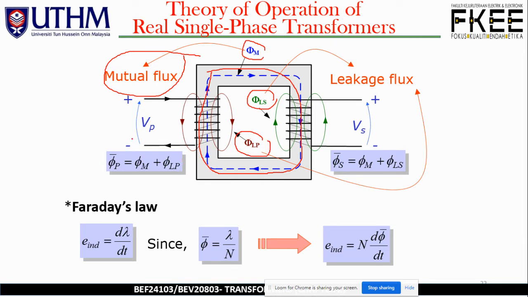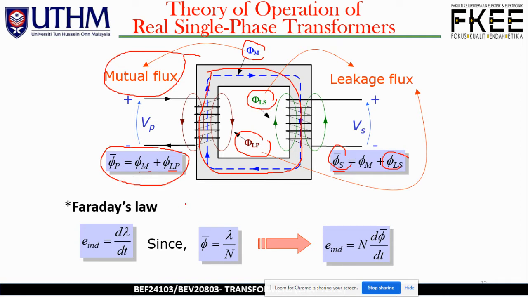And then the total flux at the primary, phi p, is equal to phi m plus phi lp, the leakage flux at the primary as well as the mutual flux. Similarly, on the secondary side, the average secondary flux is equal to phi m plus phi ls. Again, this is the total average secondary flux.